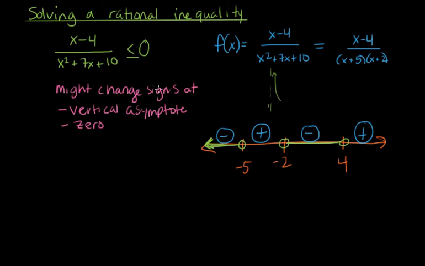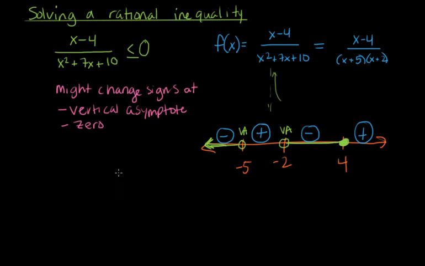So if it's less than or equal to 0, we cannot fill in this circle because this is a vertical asymptote, and this is a vertical asymptote. We cannot fill in either of these circles, they do not equal 0. But x equals 4 does equal 0, so we can fill in that circle.